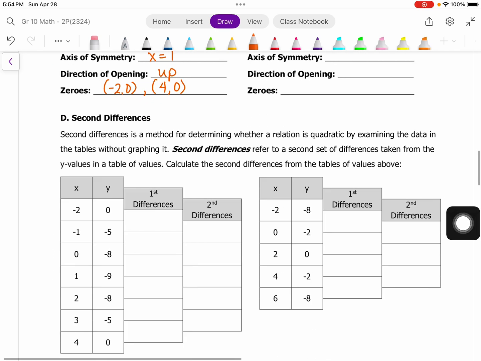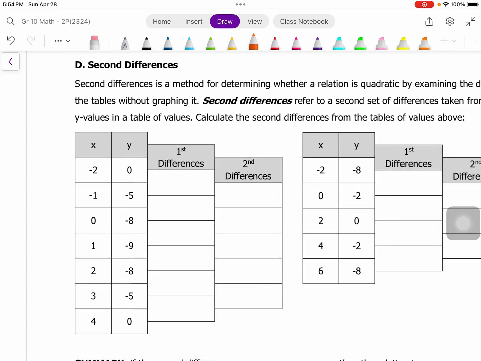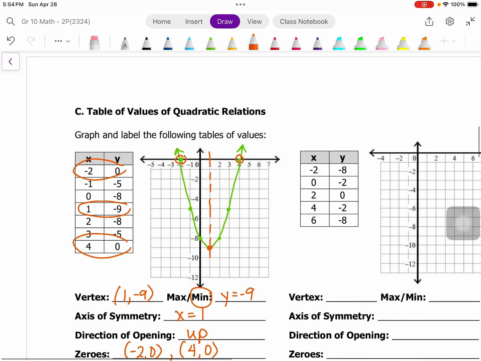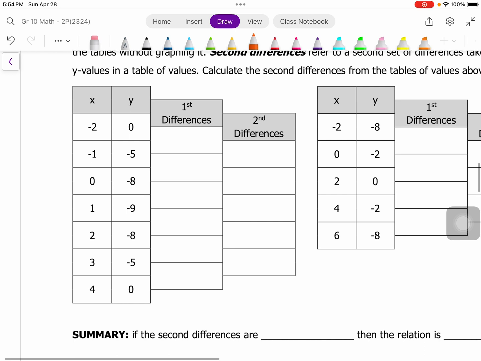And in a previous lesson, we looked at second differences, so we're just going to take the quadratic relation we just did. This is the same table of values. For the first differences, remember that we start with our second y value and subtract the one above it.